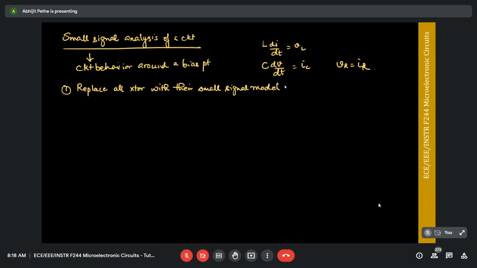Here we will concern ourselves mostly with transistors in saturation, so we will assume the transistors are in saturation and replace each transistor with its small signal model. And second thing we'll do is all ideal DC voltage sources are short circuited.